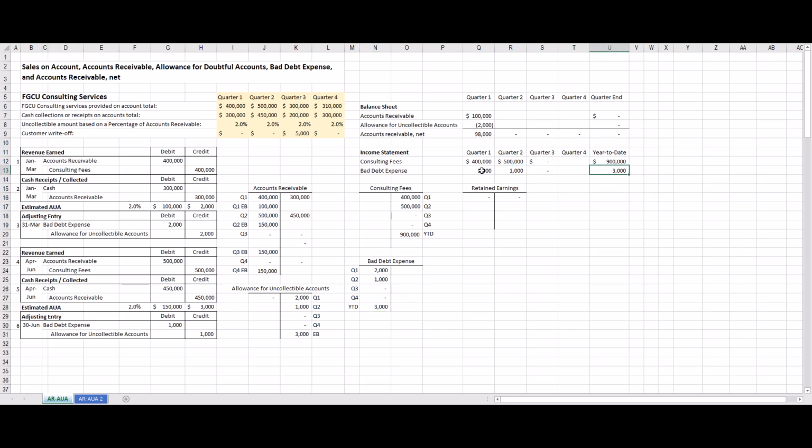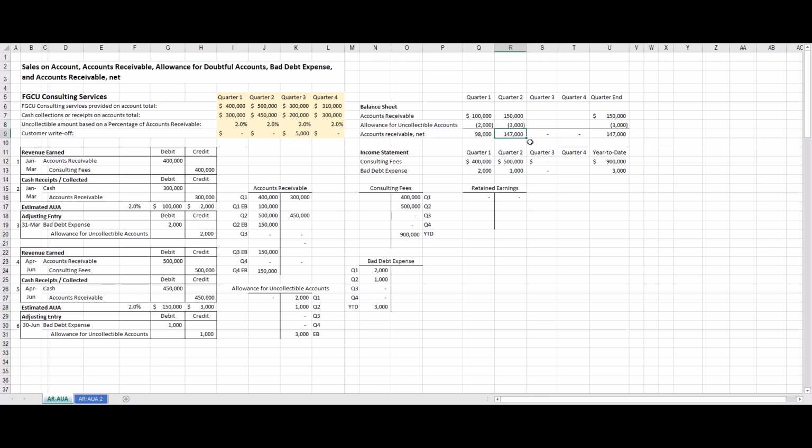The allowance for uncollectible account balance is now $3,000 or $2,000 plus $1,000. The accounts receivable net at the end of the second quarter will be $147,000 or $150,000 of accounts receivable minus the balance in allowance for uncollectible accounts of $3,000.